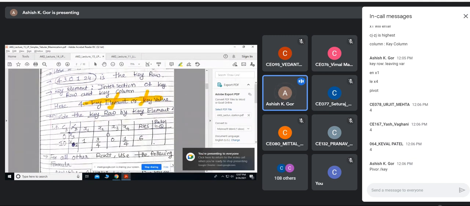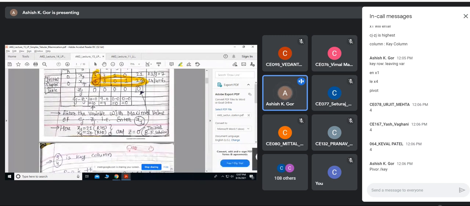Now what you have to do is divide the key row by the pivot element. The pivot is 4.